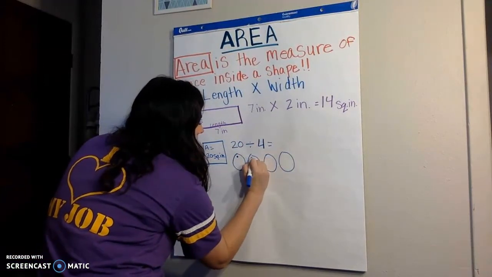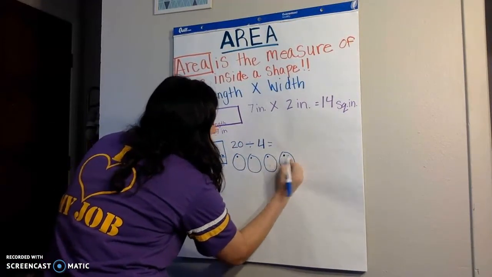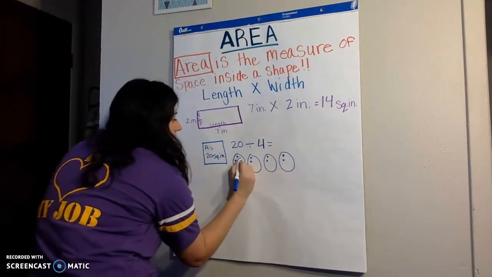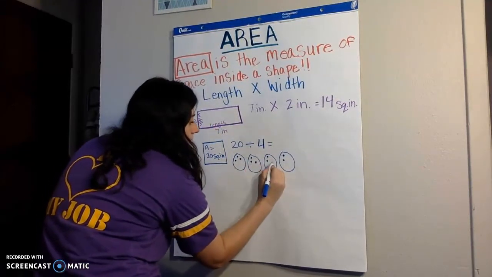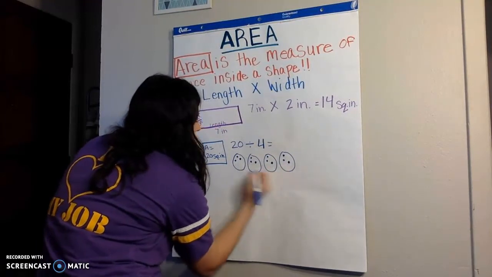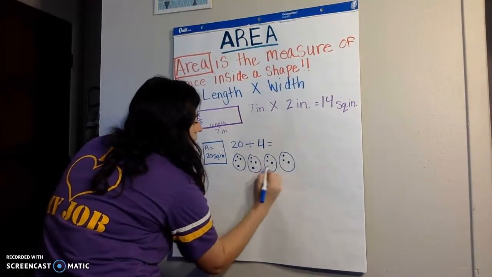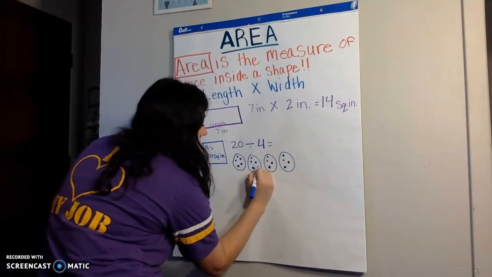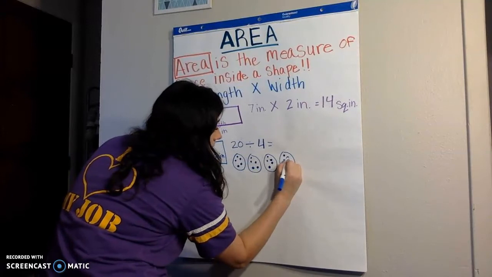Dot 1, 2, 3, 4, 5, 6, 7, 8, 9, 10, 11, 12, 13, 14, 15, 16, 17, 18, 19, 20.